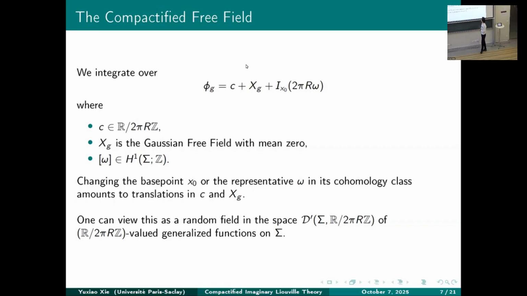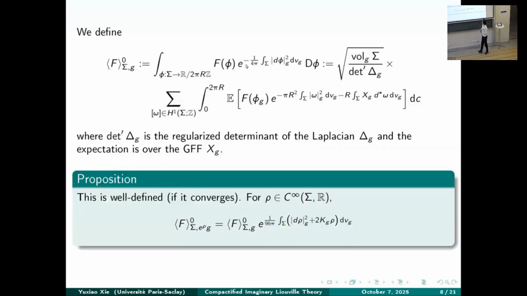So we arrive at the definition of the path integral where you put just the Dirichlet energy term. So if you just put the Dirichlet energy term, you have a sum of three parts. You have the integral over the GFF over the part with mean zero. You have the integral over the zero mode.